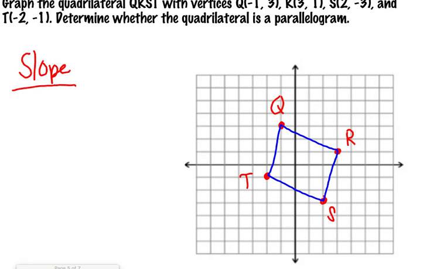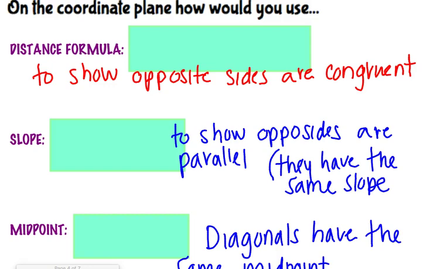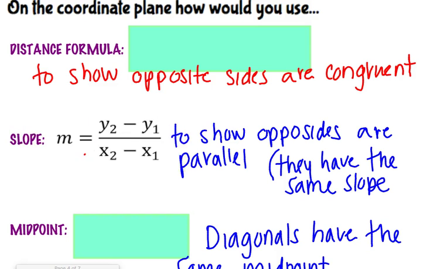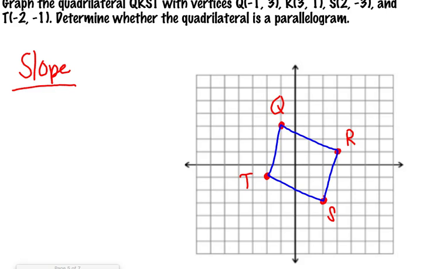So if I go back to my page here, if I want to use slope, I need to show that opposite sides are parallel, aka that they have the same slope. So let's jump back. Let's start with QT. The slope, remember that's M of QT.